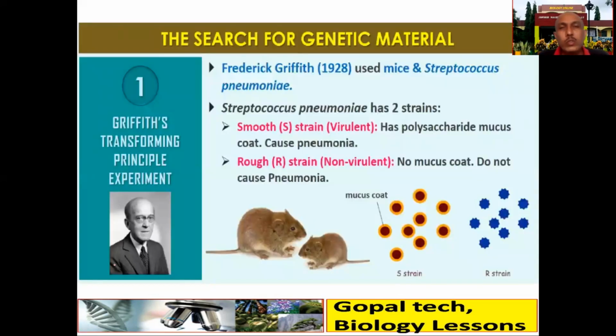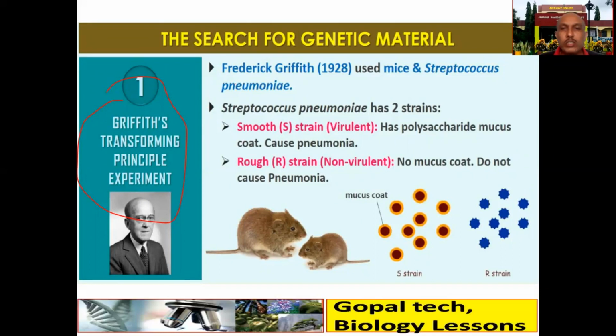Now, how did the search for genetic material begin? It is Griffith's transforming principle experiment. Frederick Griffith in 1928 used mice, or even rats you can say, and the bacteria Streptococcus pneumoniae, which causes pneumonia.